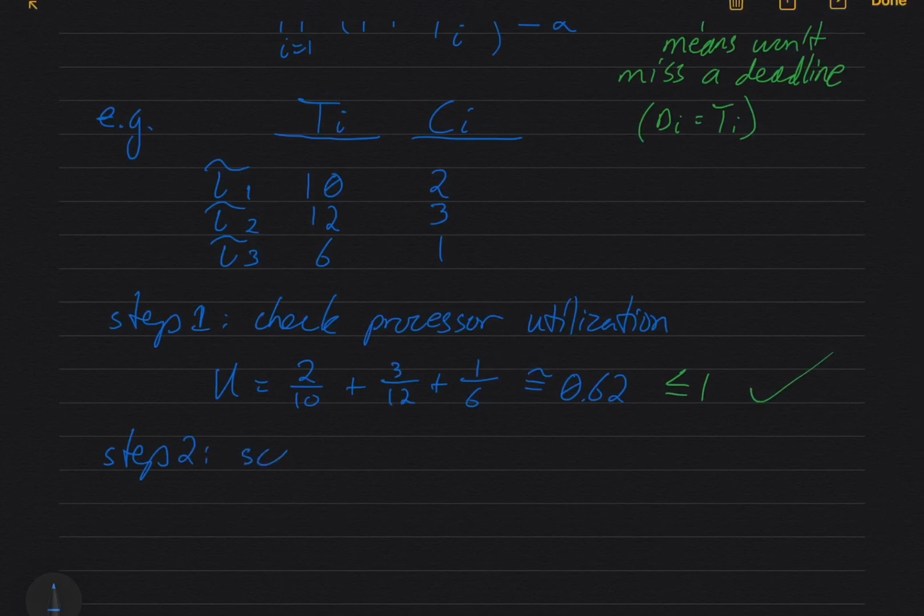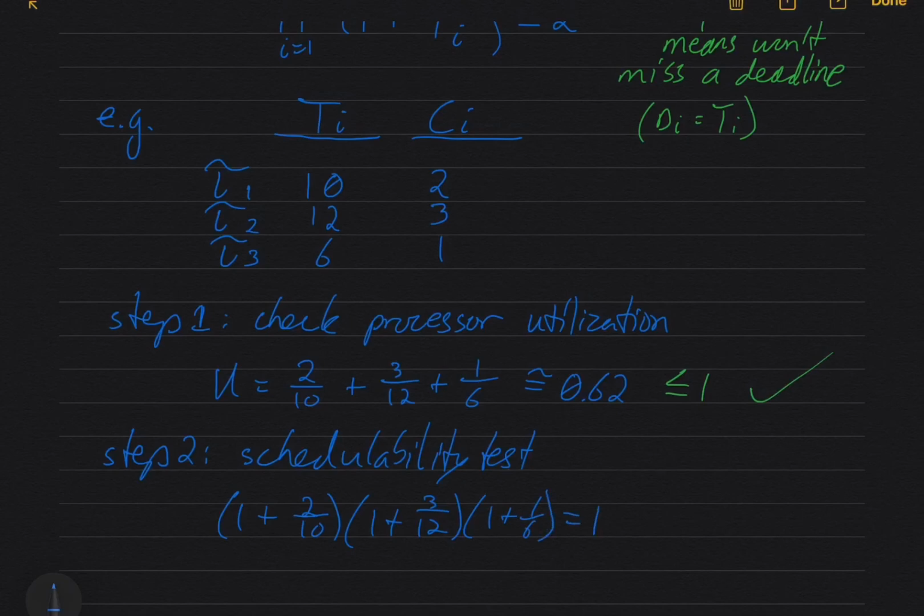Step 2 is the schedulability test. And so we take that product, which is going to be 1 plus 2 over 10 times 1 plus 3 over 12 times 1 plus 1 over 6, and that is equal exactly to 1.75.